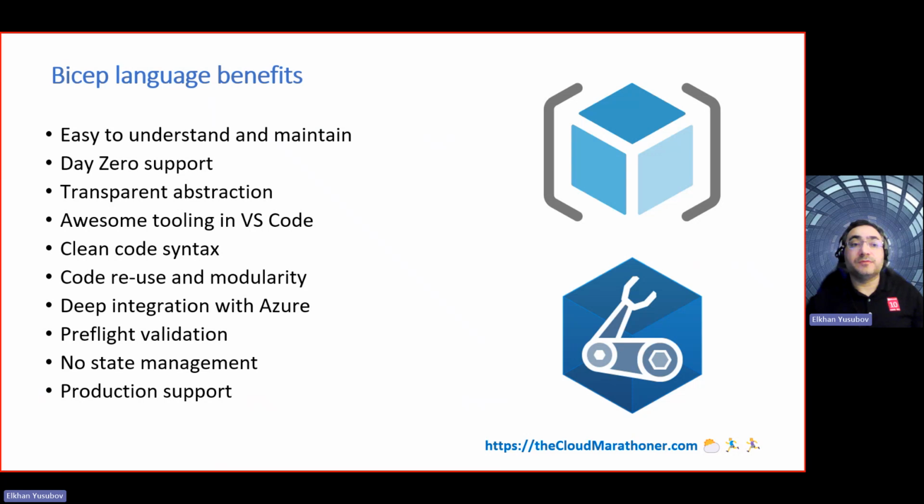Secondly, it comes with very great tooling from Visual Studio Code. It comes with an extension called the Azure Bicep extension, and I will show that during the demo in Visual Studio Code. It comes with clean code syntax, and it comes with code reuse, where you can use modularity and encapsulate the logic of your Azure resource creation for your project and reuse it across modules.